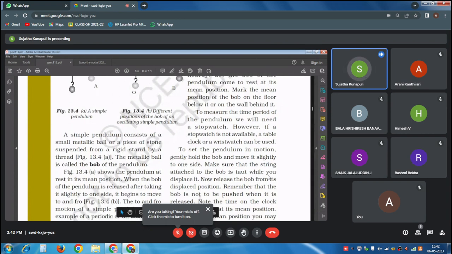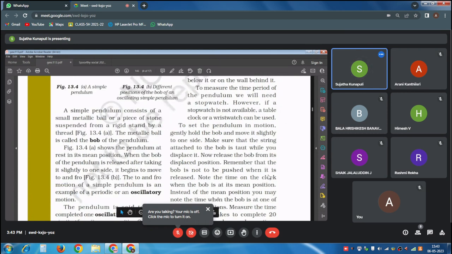Remember that the bob is not to be pushed when it is released. Note the time on the clock when the bob is at its mean position. Instead of the mean position, you may note the time when the bob is at its extreme position.